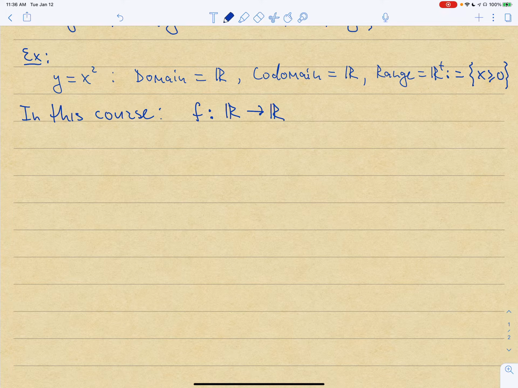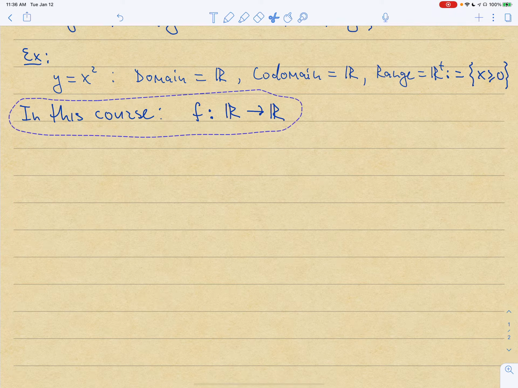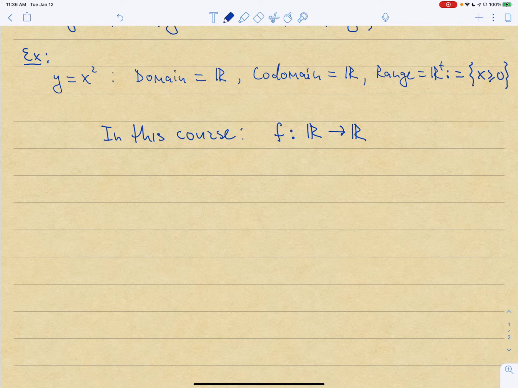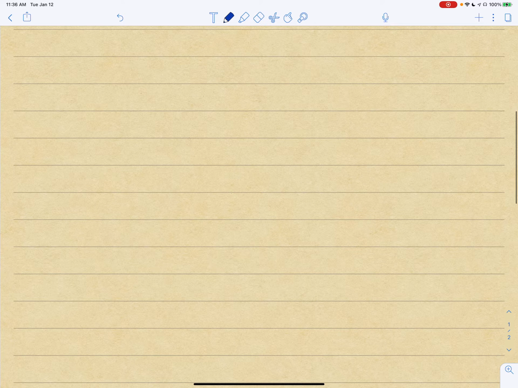Okay, so now that I recall the definition of a function, I want to look at what it means for the function to be continuous. And we're going to have the following definition.